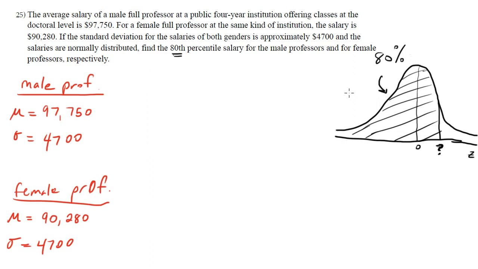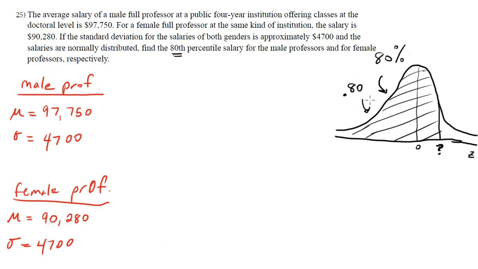As a decimal, let's say 0.80. That's this area. So I know the area. Now I can figure out the Z value that gives that area. Once I find that Z value, I'm going to convert it here for male professors and also convert it here for female professors and see what the numbers are.